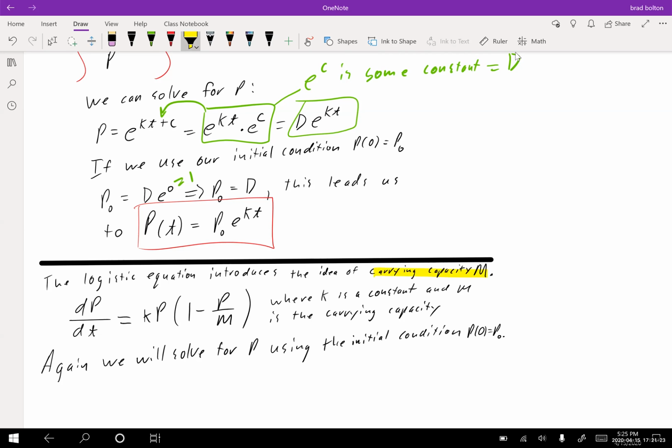So for us, carrying capacity is what differs the logistic model from the regular population growth. One of the explanations they use is, let's say that there's a high school of 2,500 kids and there's a rumor spreading at the high school and it follows the logistic model.